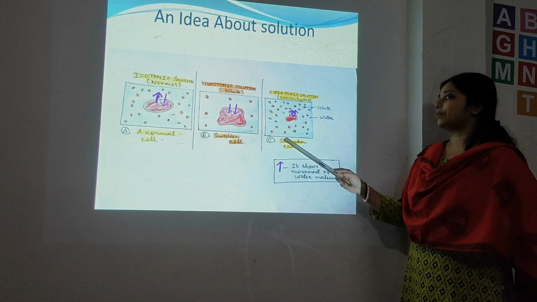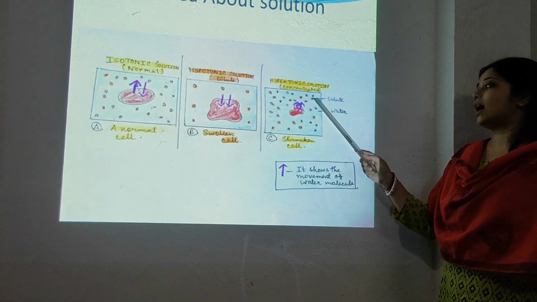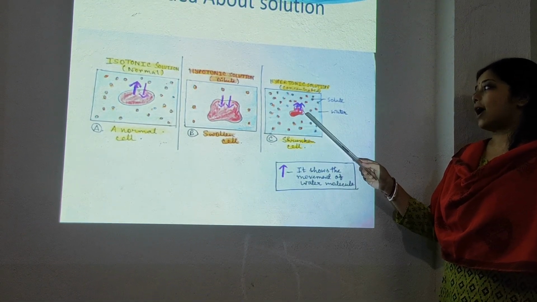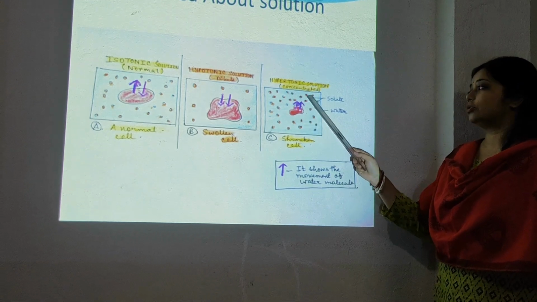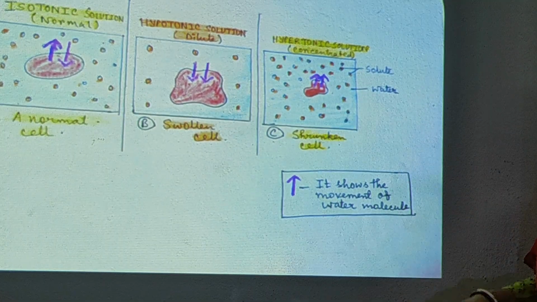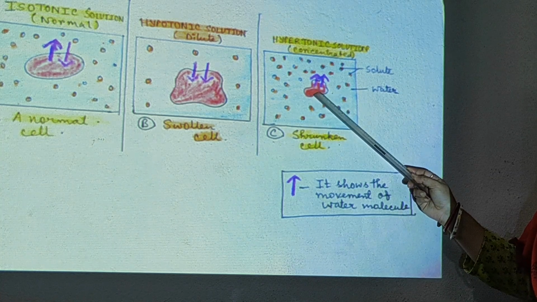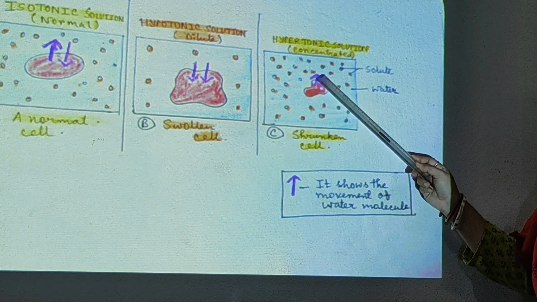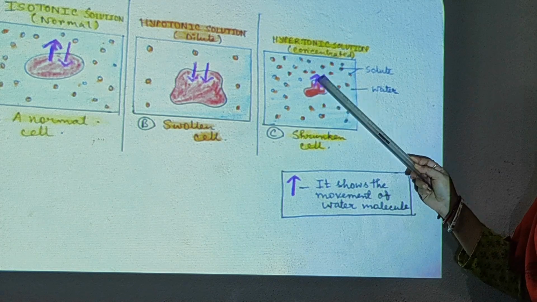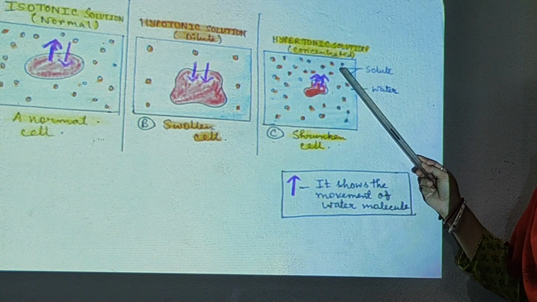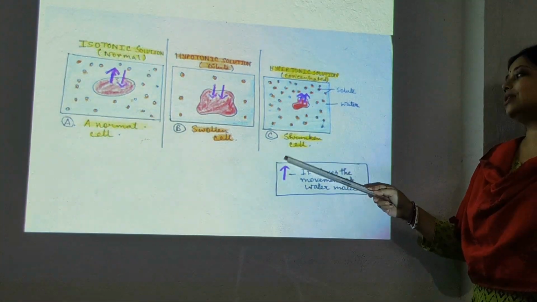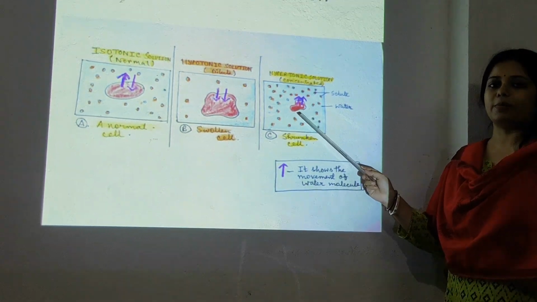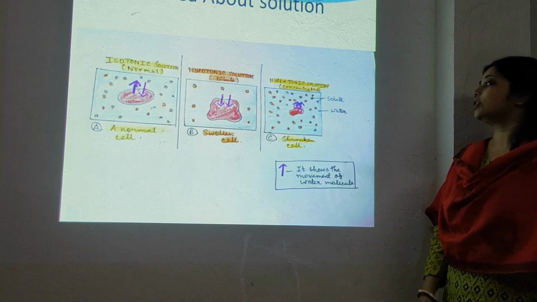And what happens if we keep a cell in a hypertonic solution? As the solute concentration is more in the solution than in the cell sap, the water molecules move from the cell to the outer solution or outer medium, and as a result the cell shrinks up.